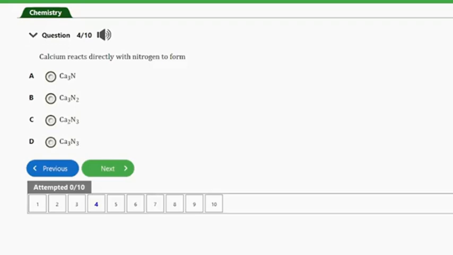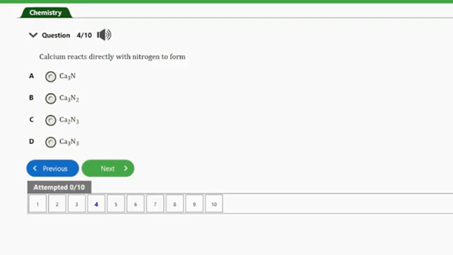So guys, if we have a direct combination between calcium and nitrogen, since calcium is a +2 and nitrogen is -3, they will combine as seen in option B here. That's Ca3N2. So this would be just their ratio in the combination.